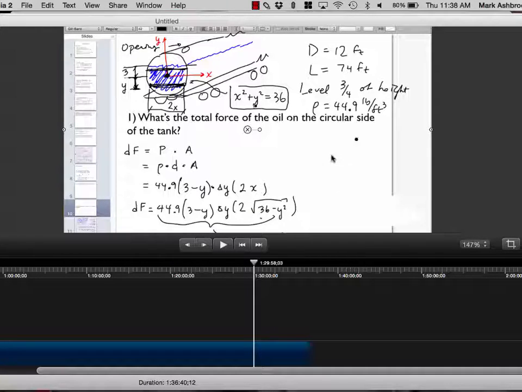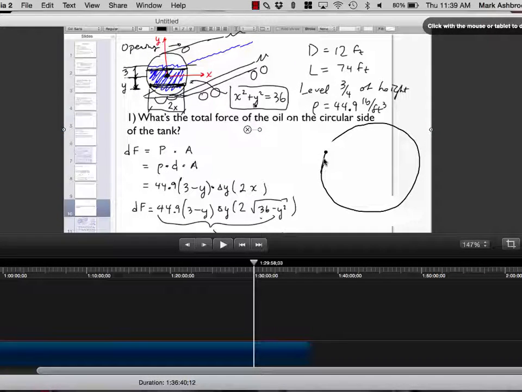Okay, so here's the side of the oil tanker. Again, the surface level is 3/4 of the way up in height.